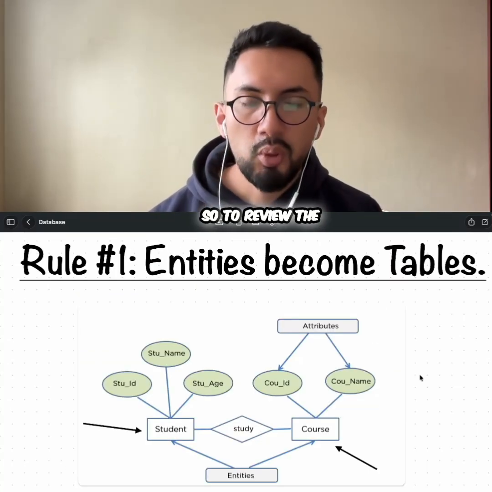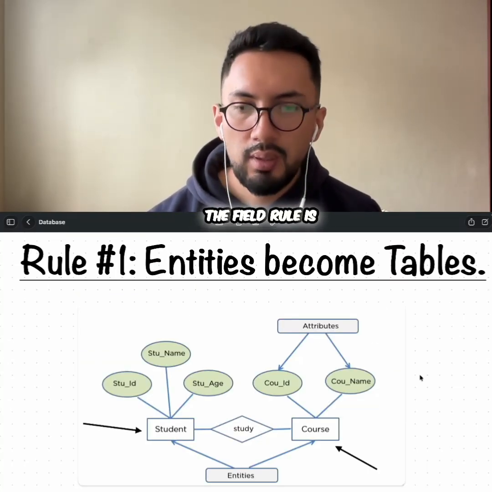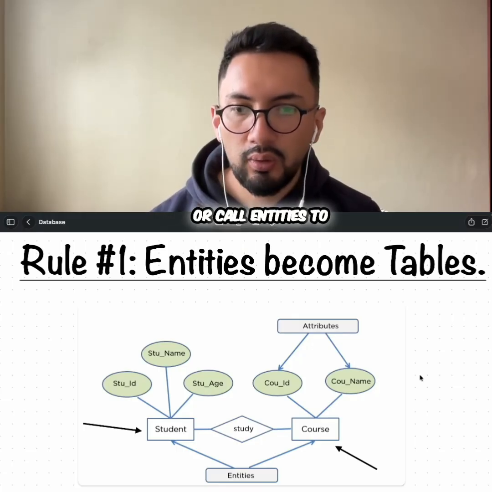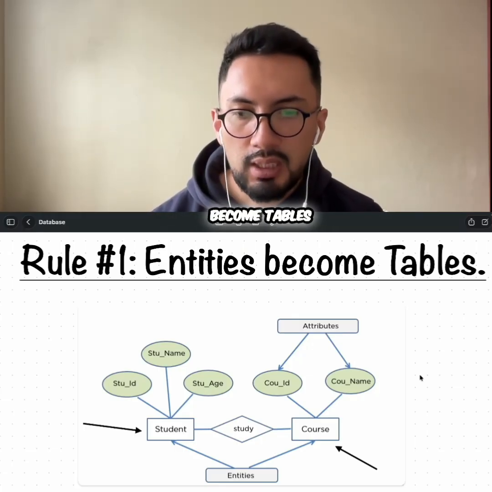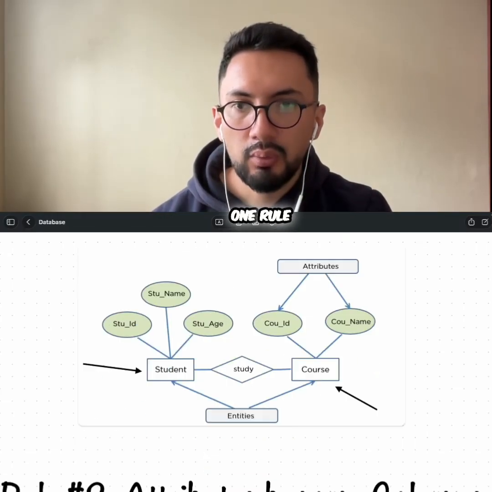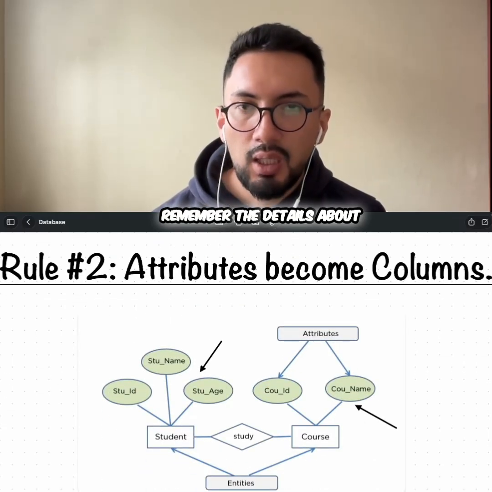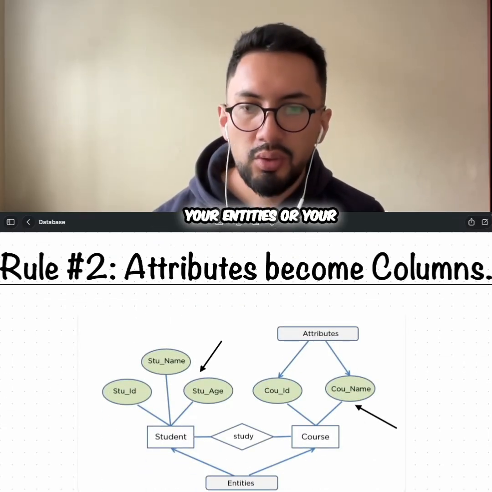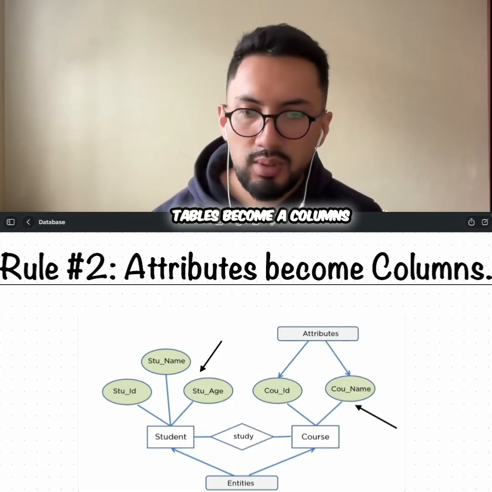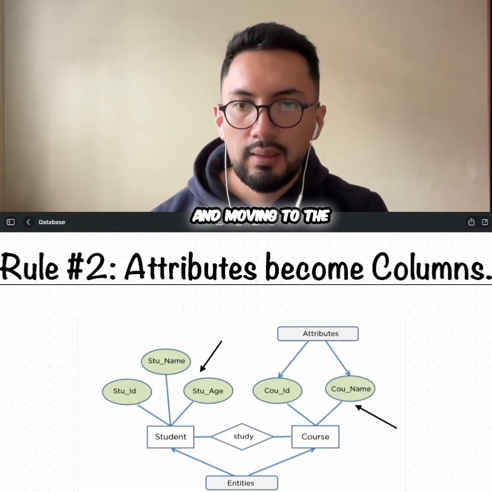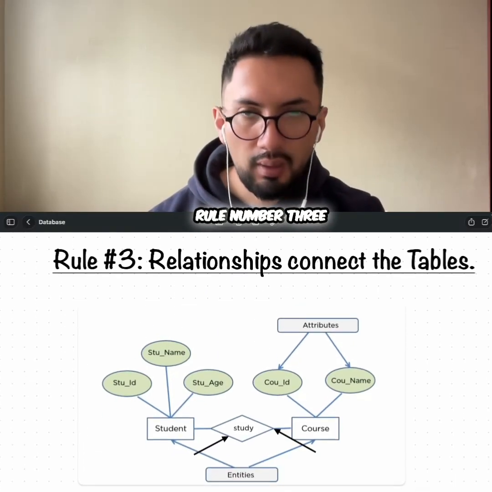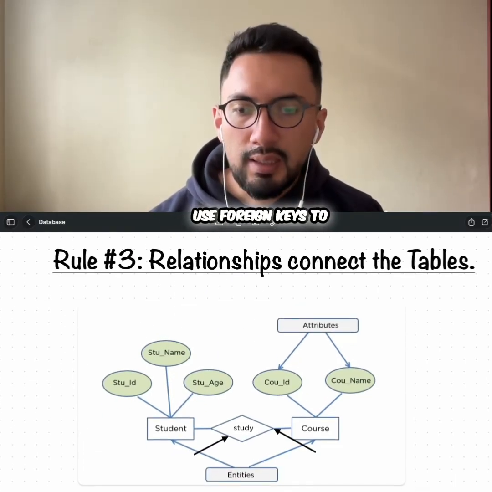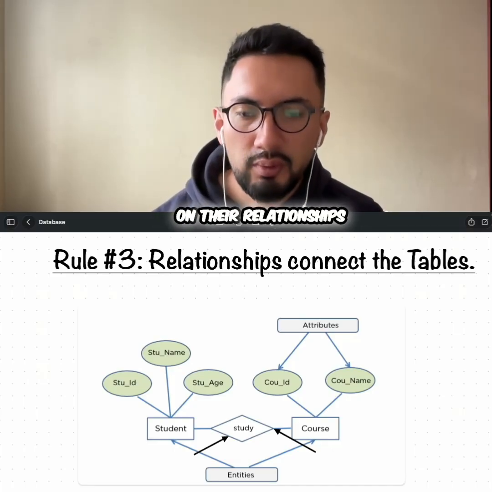Okay, so to review the main rules, remember, the first rule is about your main ideas, or entities, becoming tables. The second rule: the details about your entities or your tables become columns in your database. And rule number three: use foreign keys to connect the tables based on their relationships.